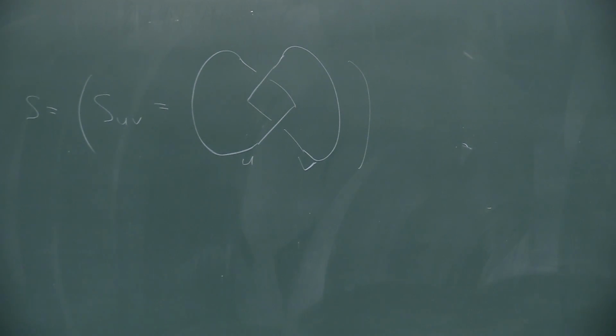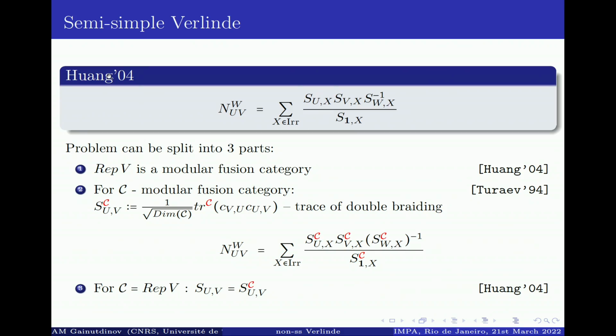This is the definition of a modular fusion category in the sense of Turaev. Huang has proven that Rep V is a modular fusion category; this is the first thing. Then the structure constants N_UV^W you can express using Turaev's S matrix. So we have the S transformation of the characters which come from the VOA, but also we have an S transformation that comes from the data of the modular fusion category.